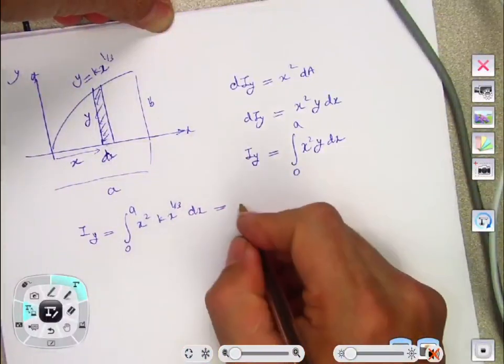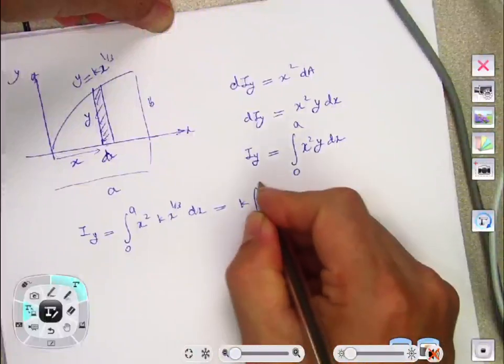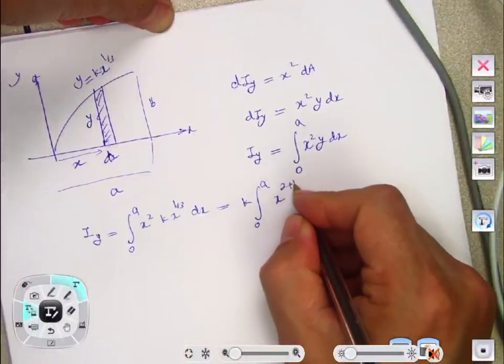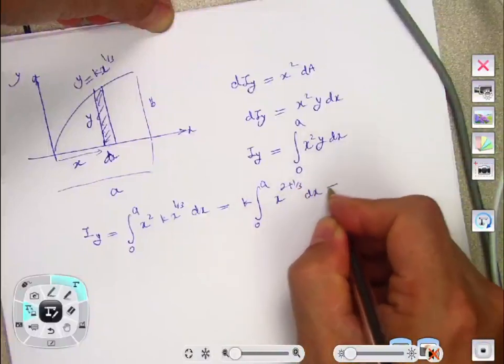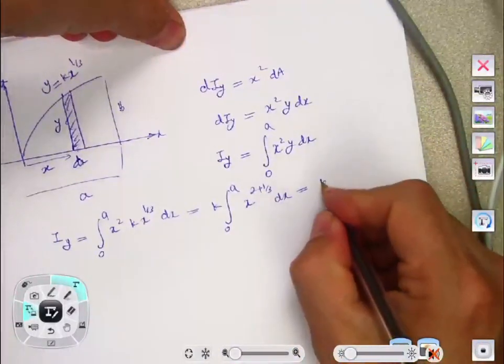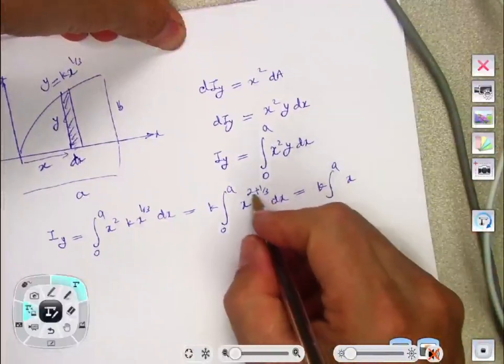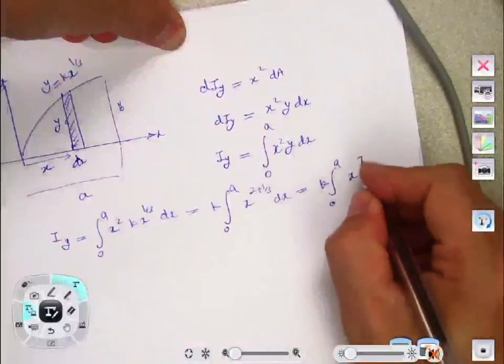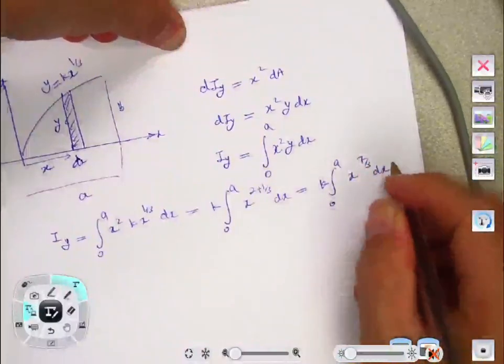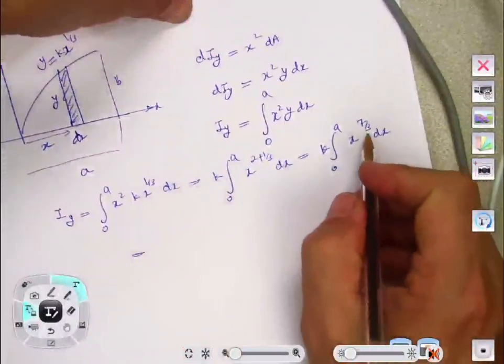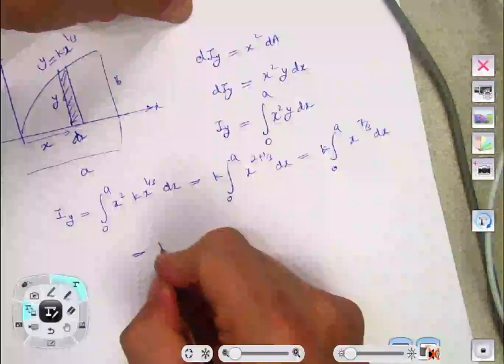I take the k out. What remains inside is x to the 2 plus 1/3, so x to the 7/3 dx. What is the integration of this? It's easy, right?